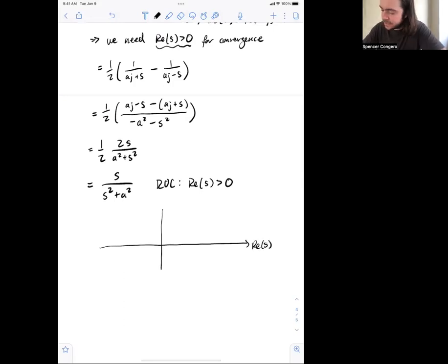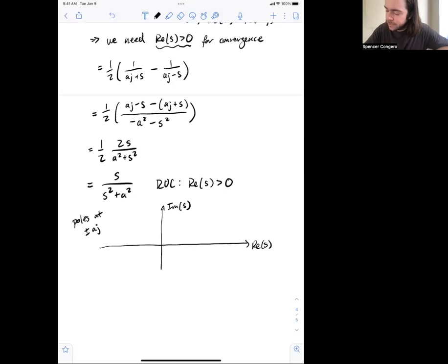So the real part of s, imaginary part of s. And where are the poles here? Okay, where does the magnitude go to infinity? Well, when does the denominator equal 0? What values of s? You can see we need s squared to equal negative a squared. Well, that just means s has to be plus or minus aj. So there are poles at plus or minus aj.